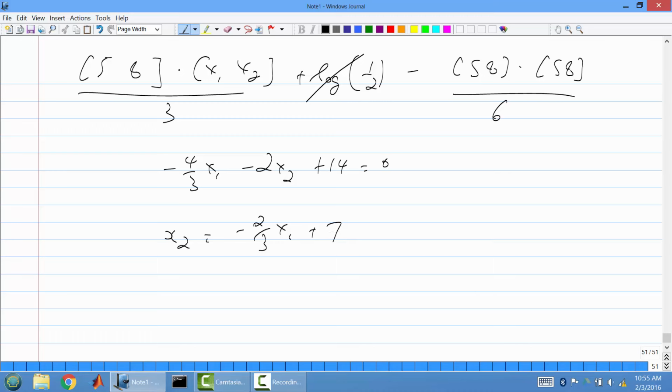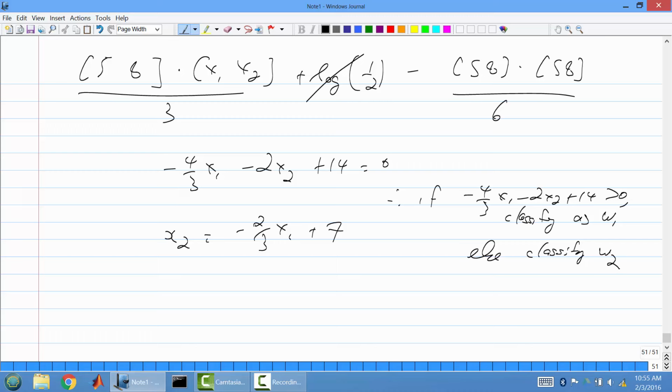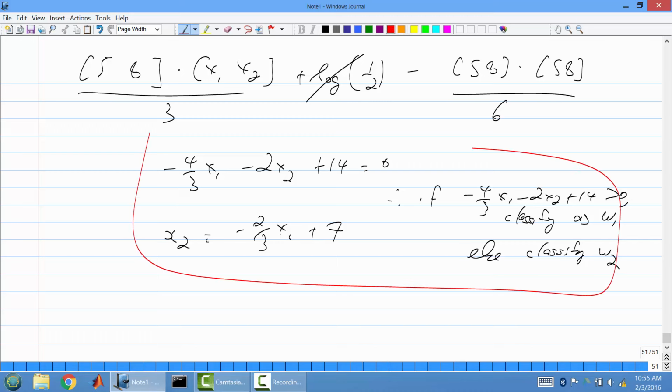Therefore, if minus 4 over 3 x1 minus 2 x2 plus 14 is greater than 0, classify as omega 1, else you classify as class 2. That's what you get, and then I'll show you what the picture looks like, and then we're going to finish up.